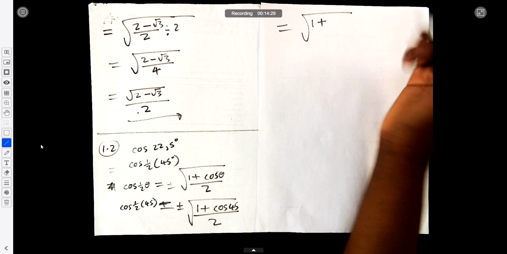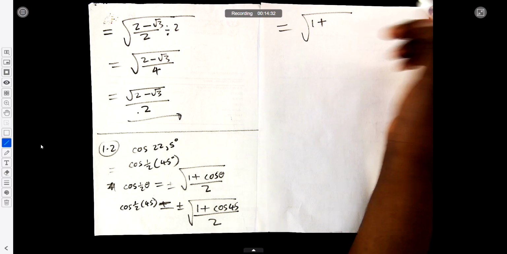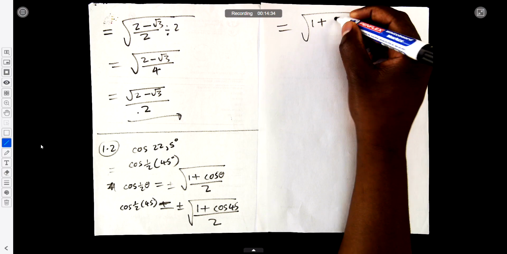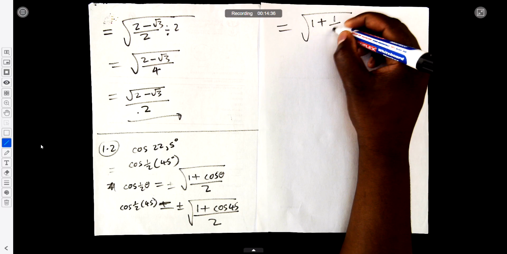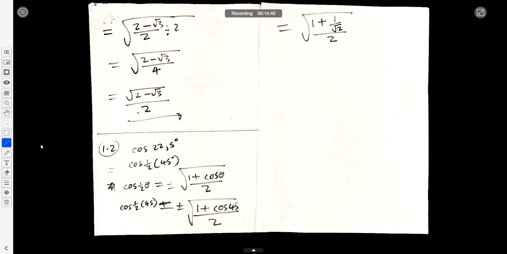Cos 45, special triangles, if you have forgotten, refer to the notes. Write this down. So it's 1 over root 2, all divided by 2. So please recall special triangles.